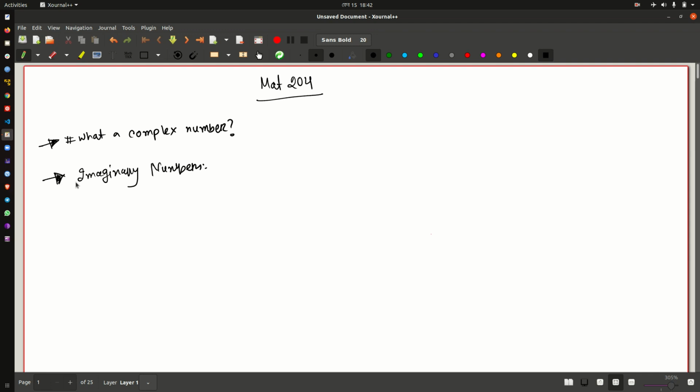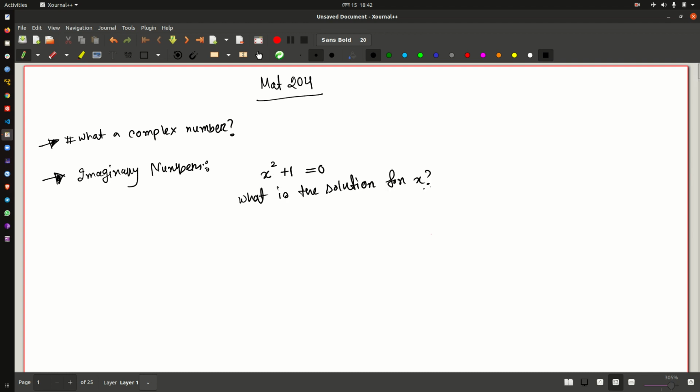So before we give a formal definition, let's consider an equation that's something like this: x squared plus 1 equals 0, and we want to find out the solutions for this x. So what is the solution for x?